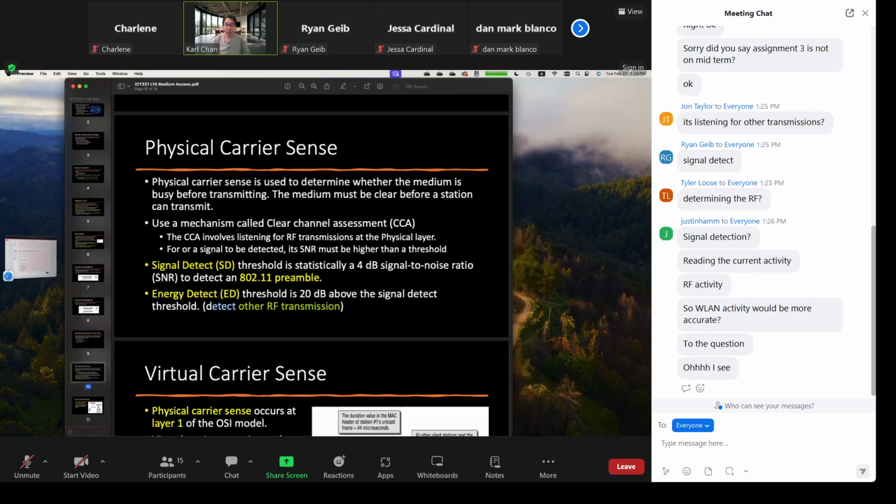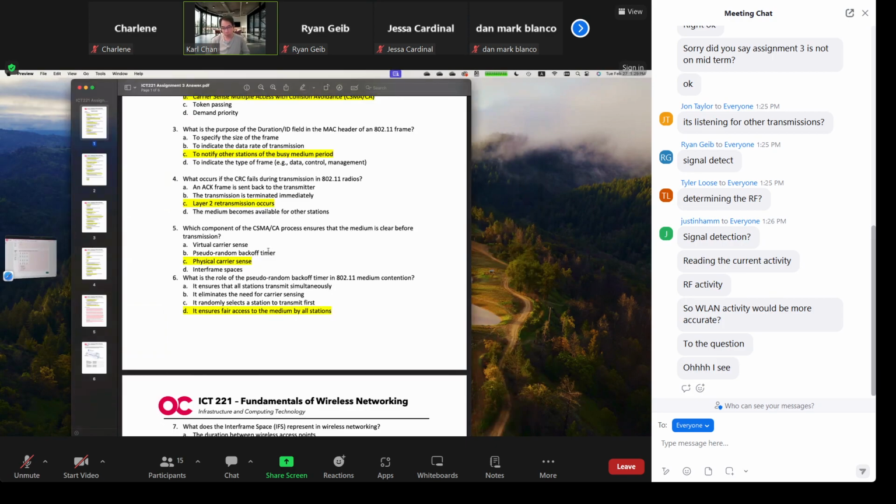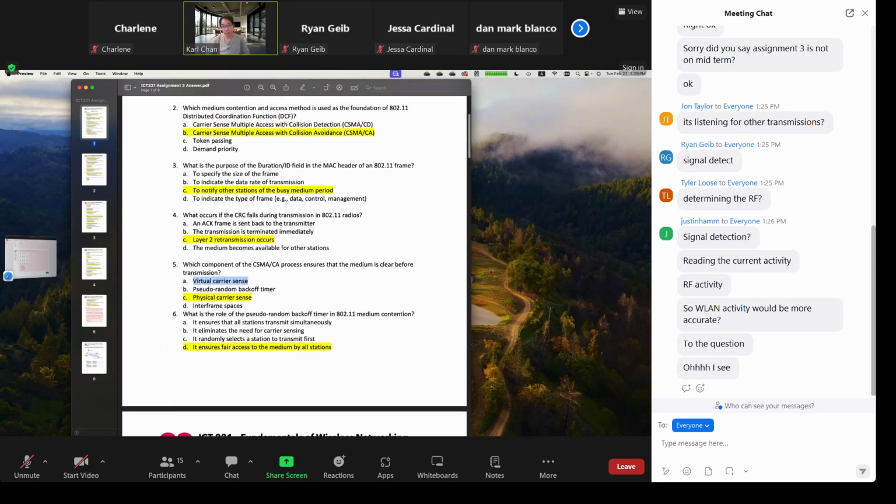So that means the first part of physical carrier sensing is that the transmitter should listen to the medium before it transmits. Is that clear? This is how physical carrier sensing works. And virtual carrier sensing is done by the duration, and also the pseudo random backoff timer to ensure equal chance.